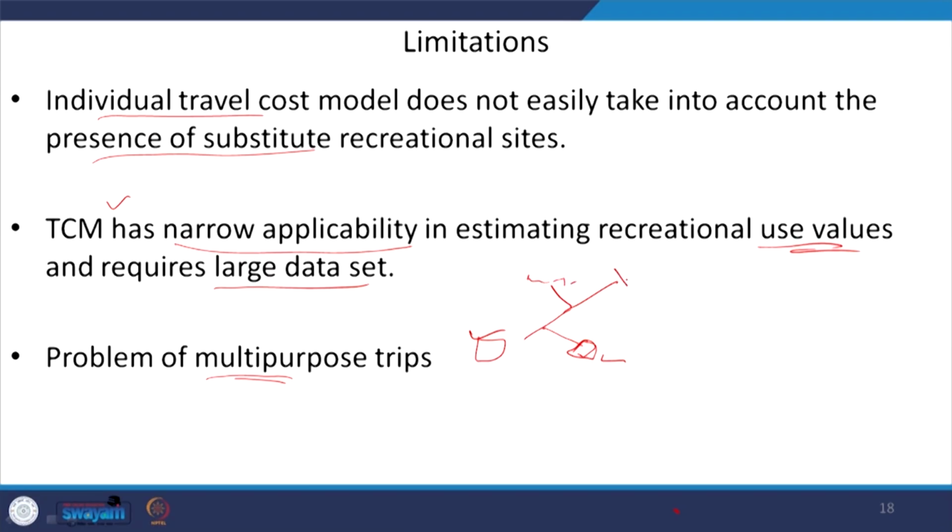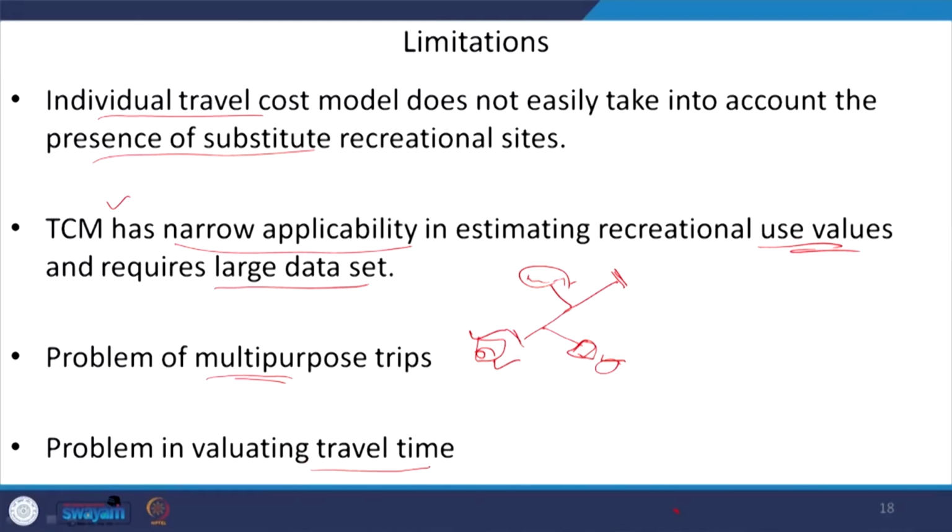So the trip is the same trip, and there we are attending a function, meeting a friend, and also recreating in a national park. It is very difficult to find out what is the true value of the travel cost that we are putting only for this recreational visit.